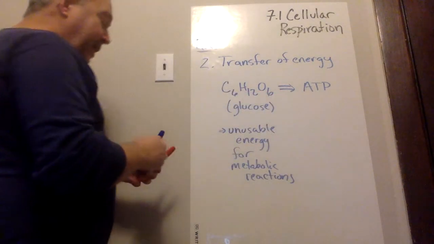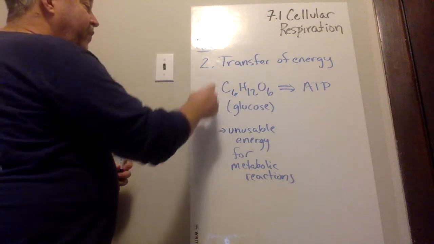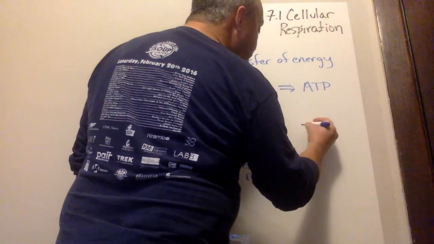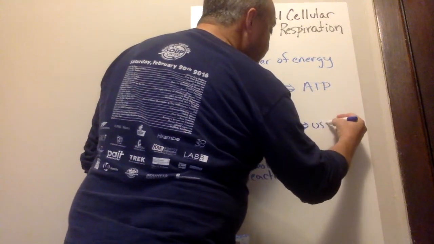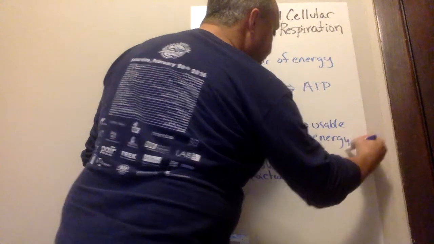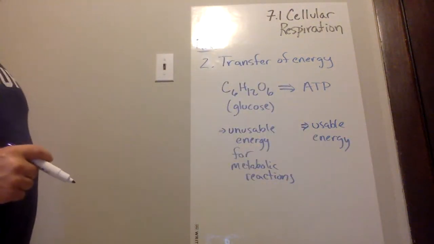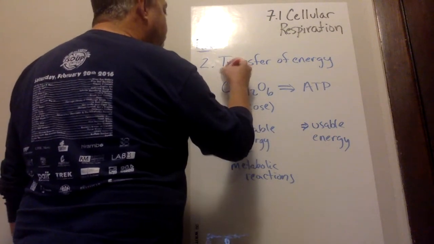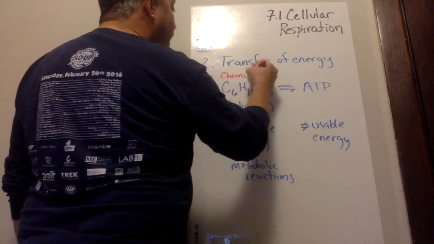ATP, as we talked about, is a usable form of energy. So the transfer of energy is going to be from an unusable molecule for metabolic processes to a usable form of energy for metabolic processes. Both of these are chemical energy. Both of these are stored energy.